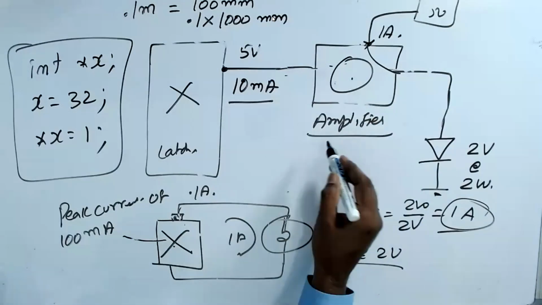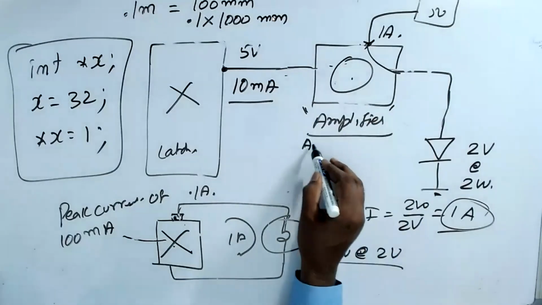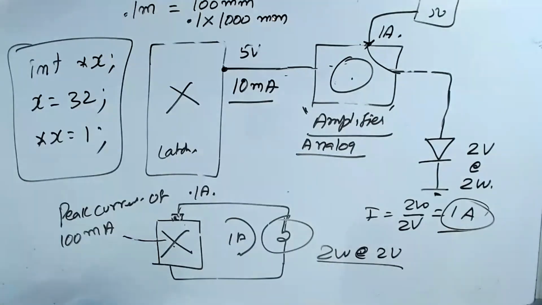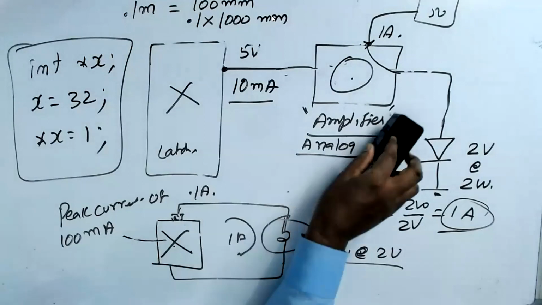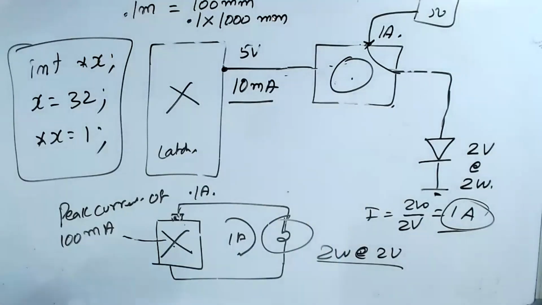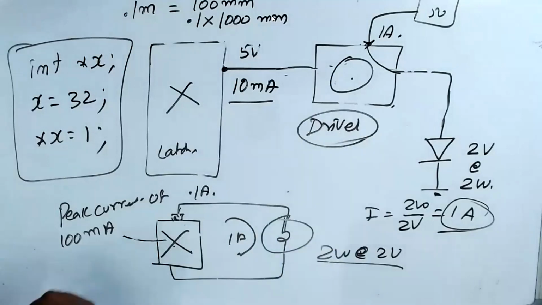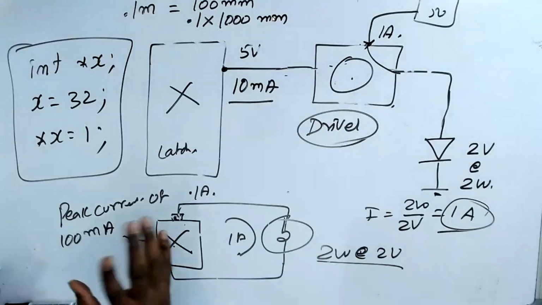Generally, amplifier means analog electronics. In digital electronics, we normally don't use the word amplifier, but instead we use the word driver. Please understand the difference between amplifier and driver.